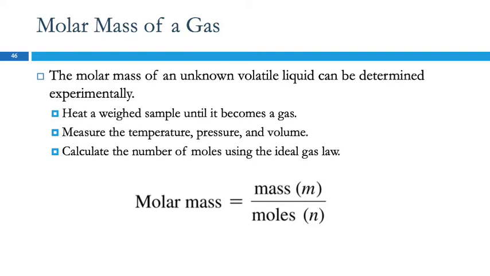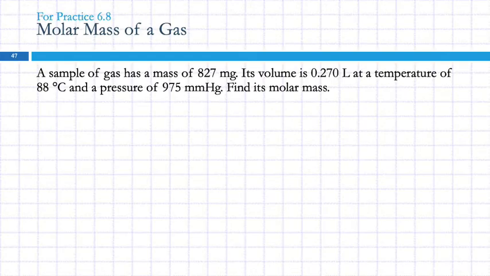Let's do an example. A sample of a gas has a mass of 827 milligrams. Its volume is 0.27 liters at a temperature of 88 degrees Celsius and a pressure of 975 millimeters of mercury. Find its molar mass. So always good to go through and identify the values that you've been given.